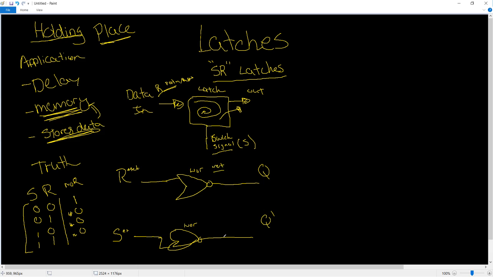Then you take the feed from this and rewire it back to the top gate, and you take the Q value and send it down to this. Here's the entire system. You send the data in and it gets caught in this loop.